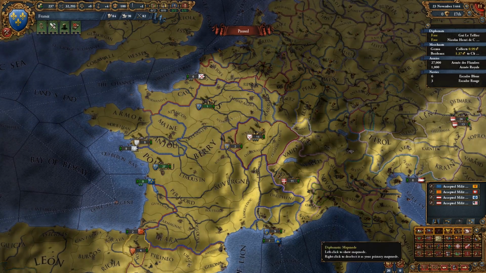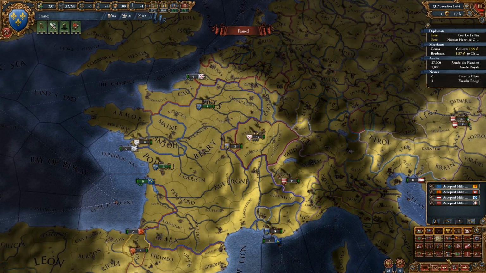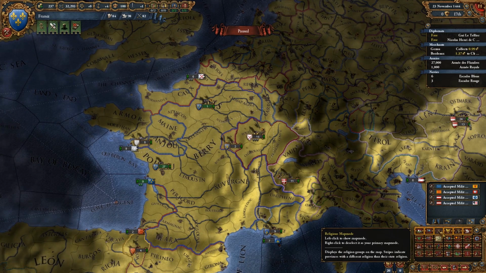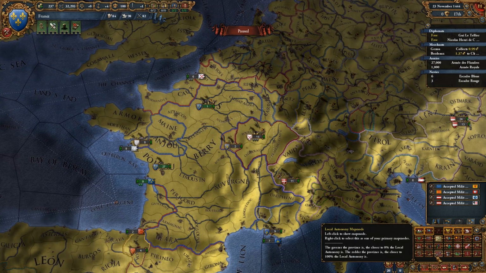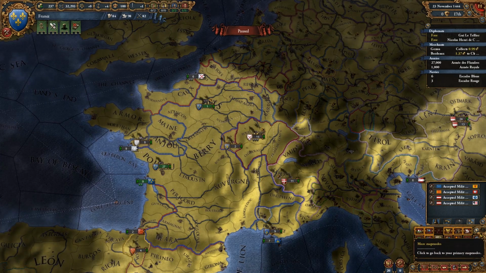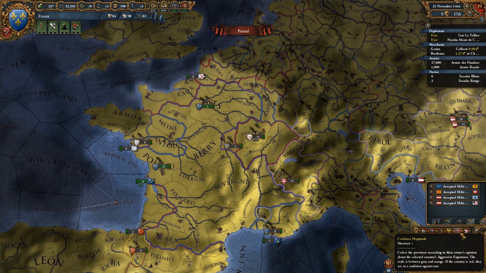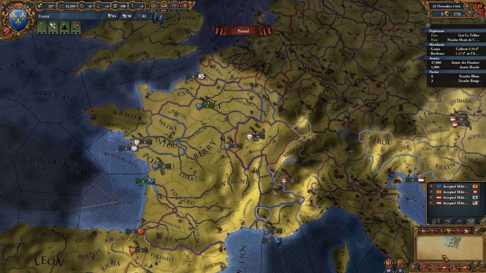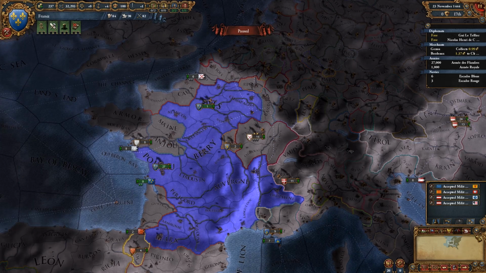Notice that the order actually changes slightly when the tray is open. If we find the religious map mode, which is now here, right click that and remove it, and then right click something else, for example the coalition map mode, and then pull the drawer back in, we'll see that the religious map mode has been replaced with the culture map mode icon, and now the T key will switch to that map mode.